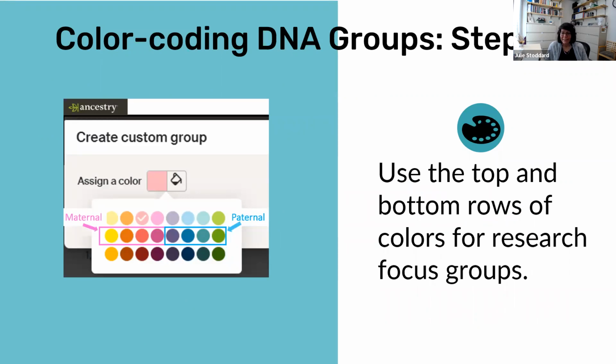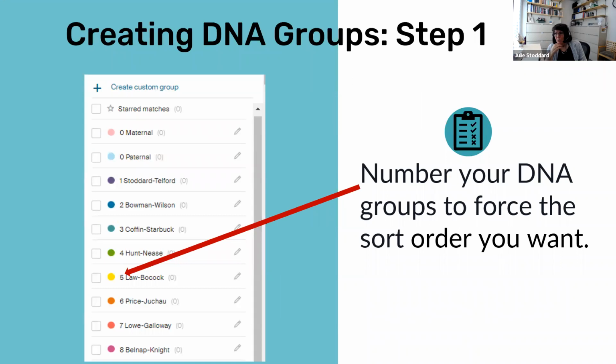And then on these, you'll see I've got other groups that we're going to create here in a minute, and then I can use these extra colors up here and down there. Again, I try to find distinct colors when possible, just because I tend to have a lot of different people that I'm researching. So you'll notice when I created my list, normally it does it alphabetically.